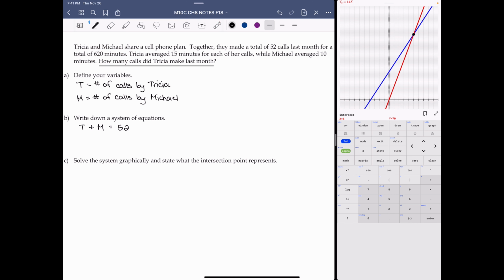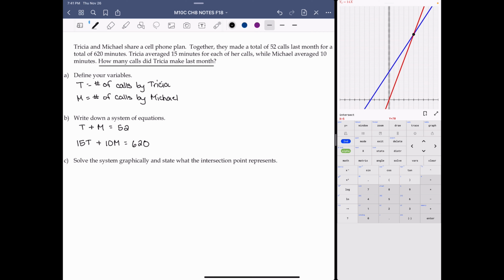Trisha's phone calls were averaging 15 minutes, so 15 times the number of calls Trisha made, plus Michael's phone calls averaged 10 minutes, so 10 times the number of calls Michael made, equals the total number of minutes of phone calls, which is 620. There's our two equations. Next, solve the system graphically and state what the intersection point represents.